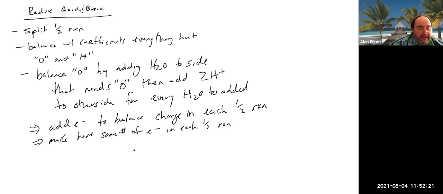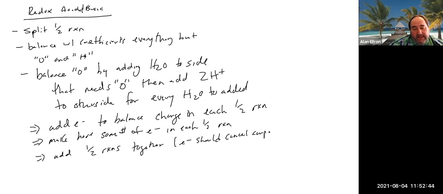And if you don't, you need to multiply one half reaction or both half reactions by a number. Once you've got both of them with the same number of electrons, you want to add the reactions together. The electrons should cancel completely. And that would give you your balanced redox reaction in acidic conditions.